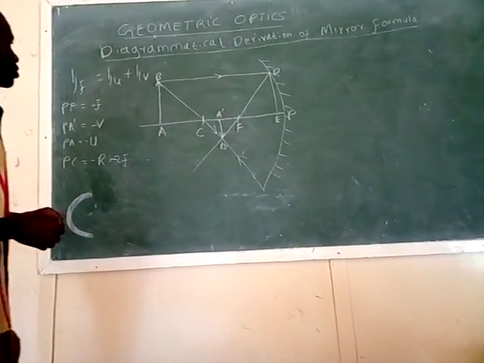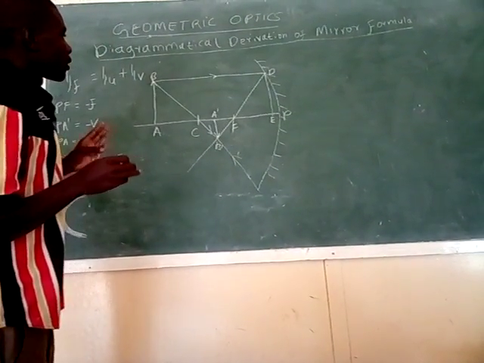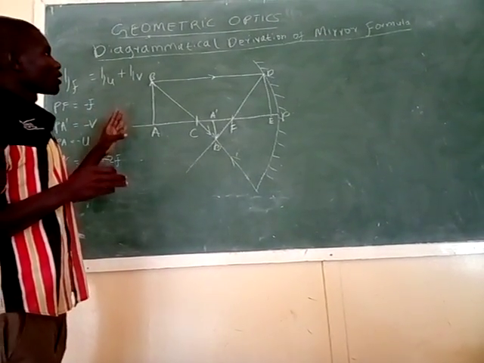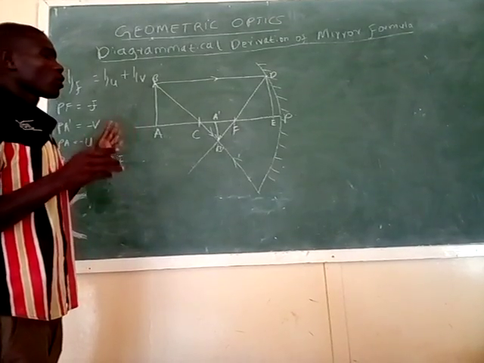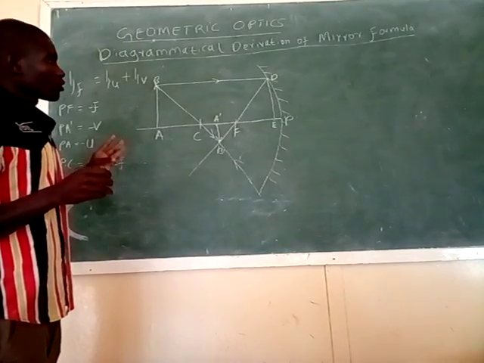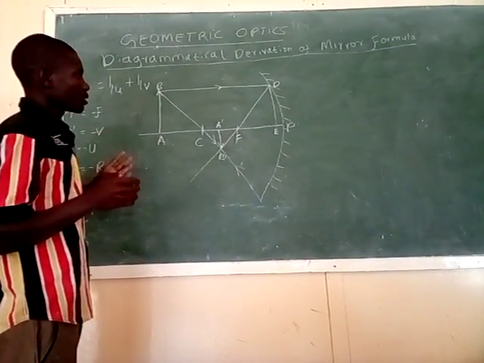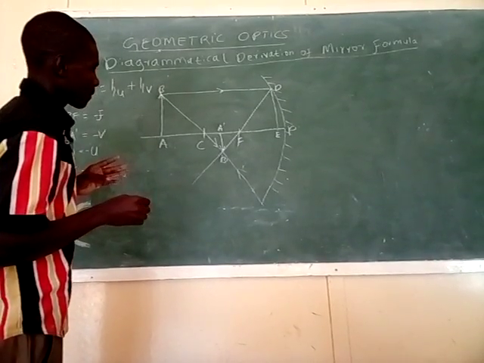Now, I said that when you are dealing with a diagrammatical derivation of the mirror formula, we consider the similarities of triangles. So first of all, we are going to look at two triangles that are similar to each other.